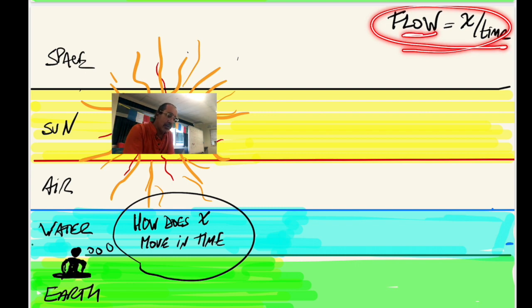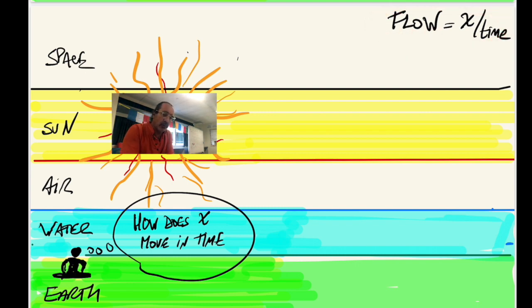Now let's look at the concept of motion itself. What is flow? The idea of flow is motion of anything in time. So again, let's start from the Earth. When a body is moving, let's say a rock is rolling, that mass has a certain velocity in meters per second.